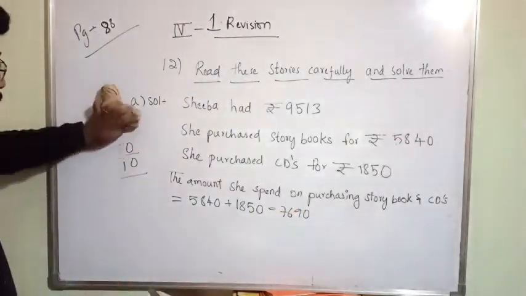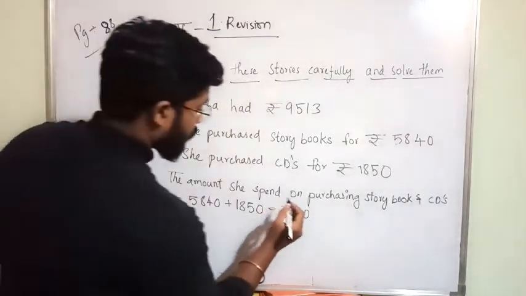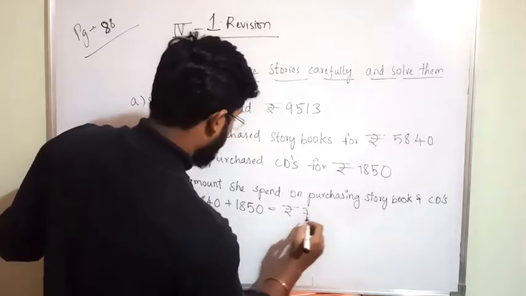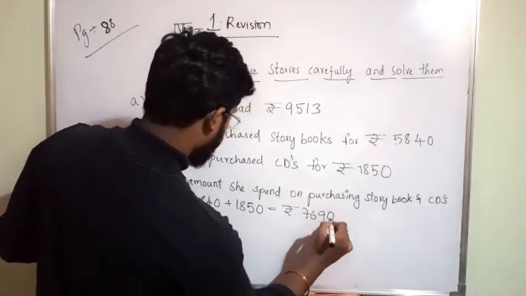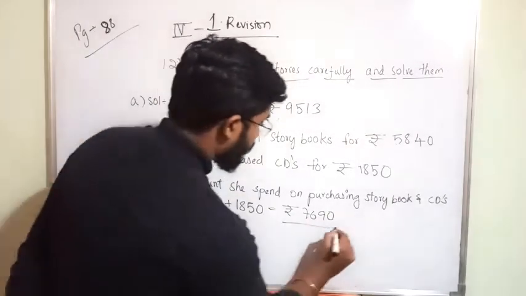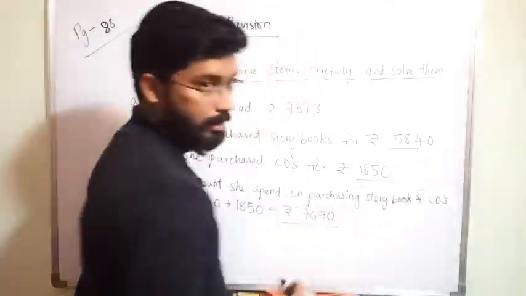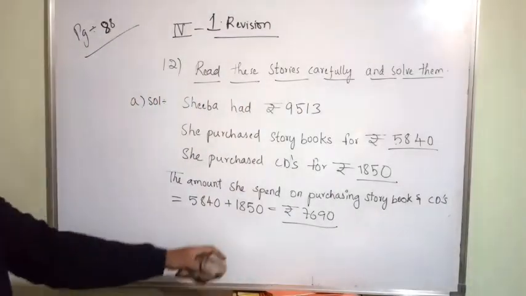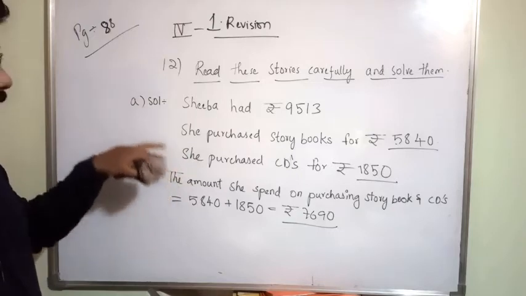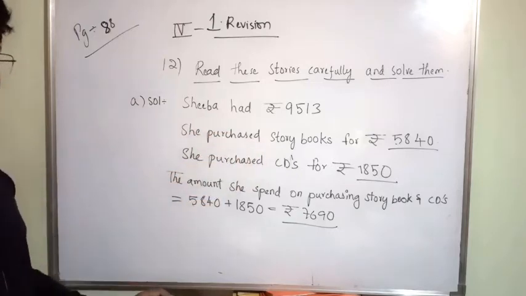So this is the total amount. You have to write the units, rupees, don't forget. 7690 rupees is the amount she spent for buying. How much amount is left with her? So write the statements like this.